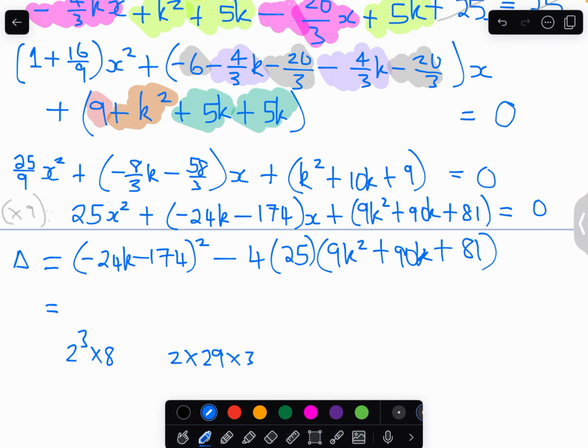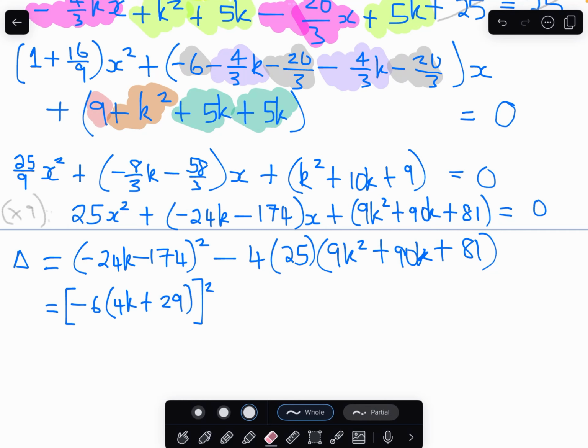So the common factor would be 6. I think taking out a 6 does help multiplying out. So I'm going to take out a negative 6, so that we're left with positive 4k plus, here we'll be left with a 29. And that's what we're going to square.